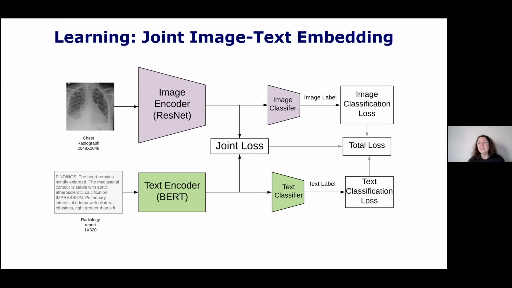By tying these two representations together, effectively, we have the radiology reports drag the images into the right representation. So the representation of images gets affected by the representation of radiology reports, and that improves the accuracy.